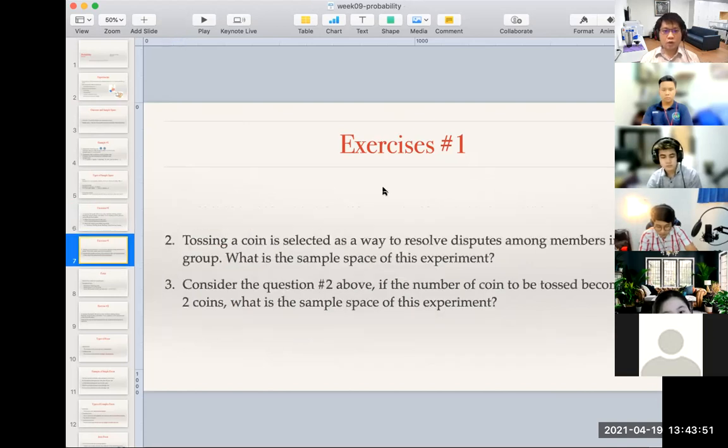Okay, we go to the second question. Tossing a coin is selected as a way to resolve disputes among members in a group. Then what is the sample space of this experiment?